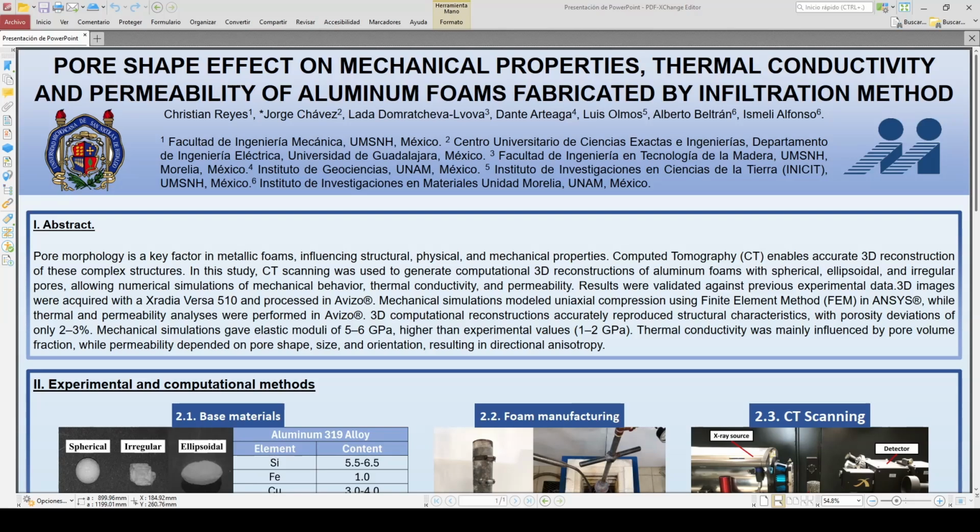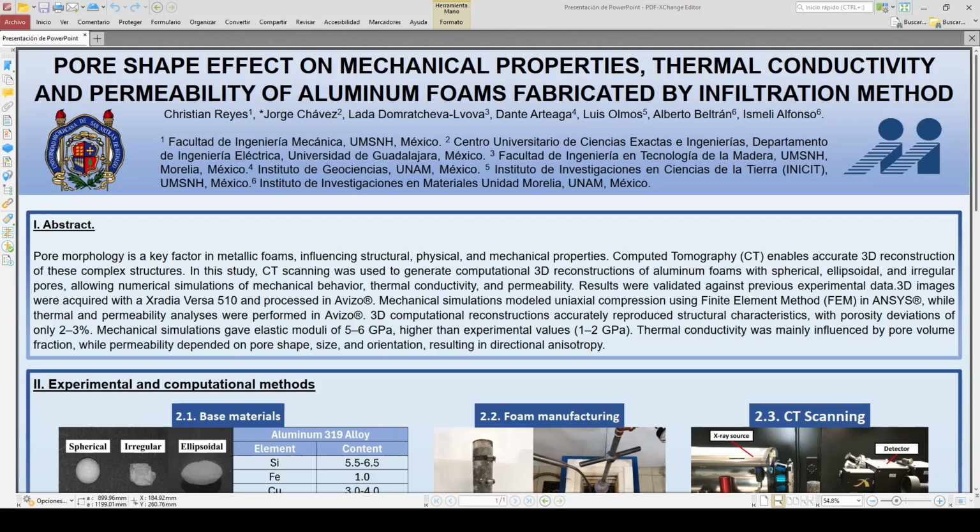As you may know, these materials are composed of a metallic matrix and a porous phase that is uniformly distributed inside the metal matrix. And they are well known for combining the properties of porous materials with the properties of metals and alloys.